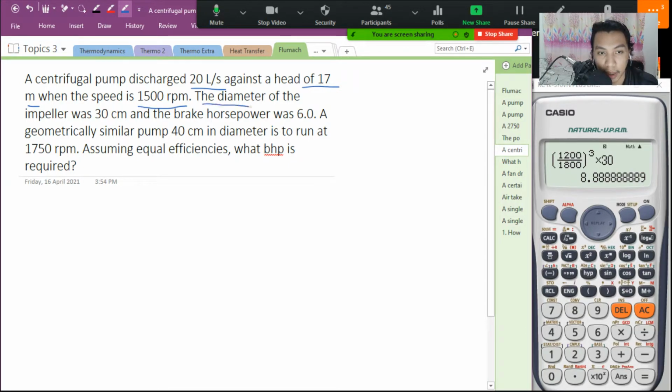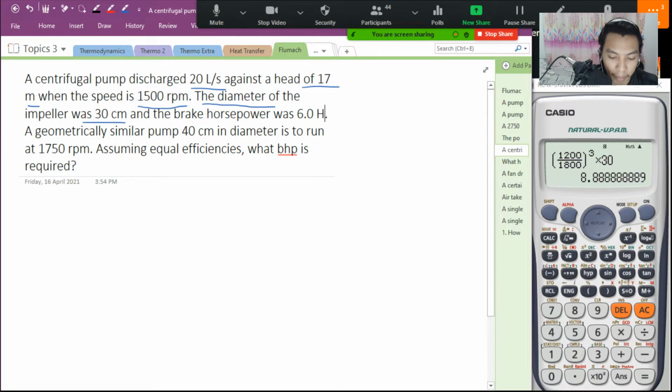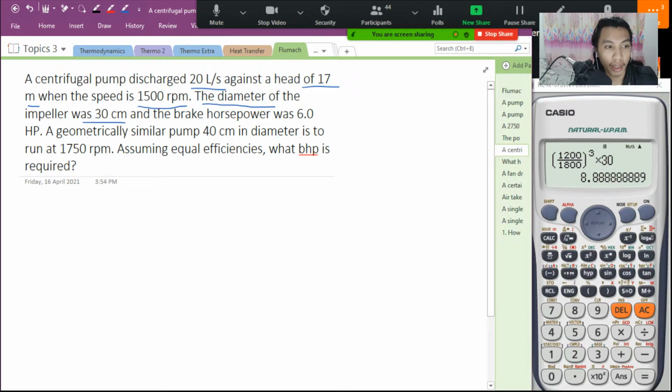The diameter of the impeller was 30 cm and the brake horsepower was 6 HP. A geometrically similar pump, 40 cm in diameter, is to run at 1,750 RPM. Assuming equal efficiencies, what is the brake horsepower required?